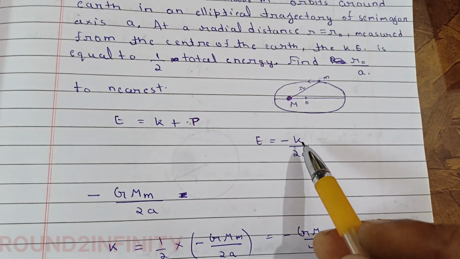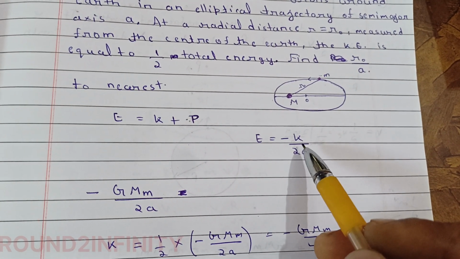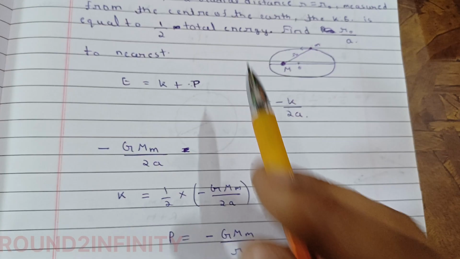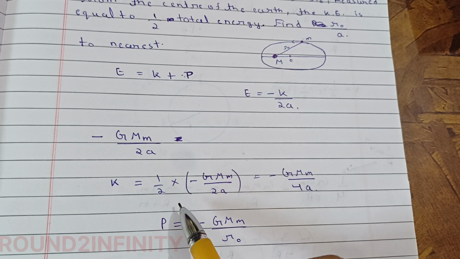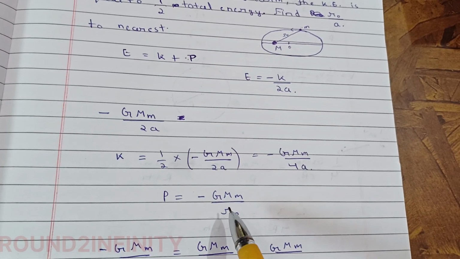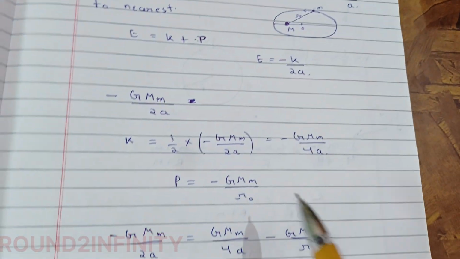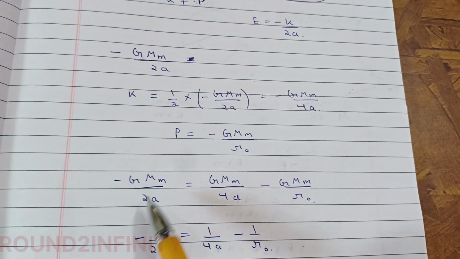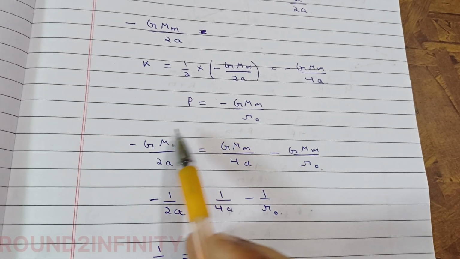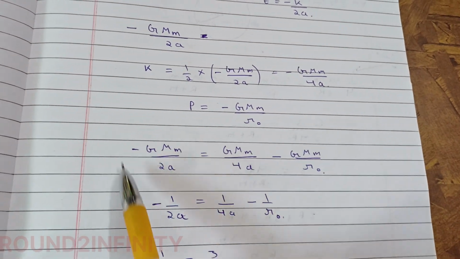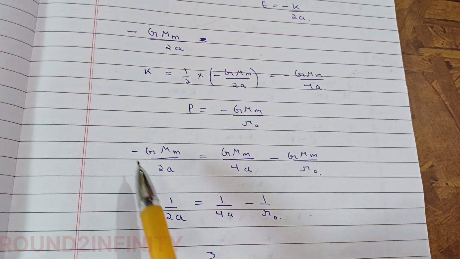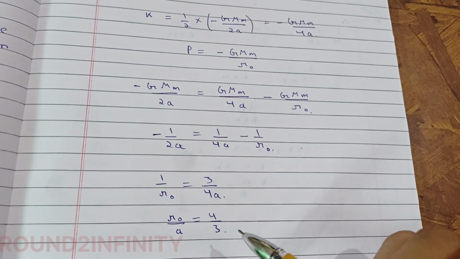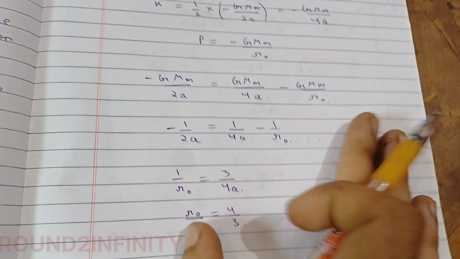So half of minus GMm over 2a will be minus GMm over 4a. This is your kinetic energy, and the potential energy is minus GMm over r0, and the sum of these will give you the total energy minus GMm over 2a. We came to this conclusion by the law of conservation of energy. Now you can find the r0 by a ratio by simply solving this. So you will get 4/3 as your answer.